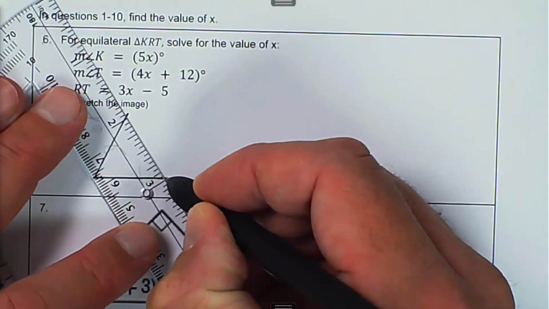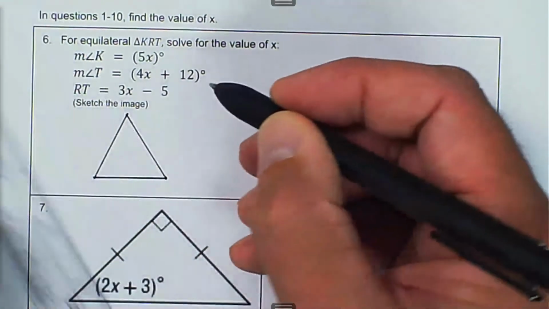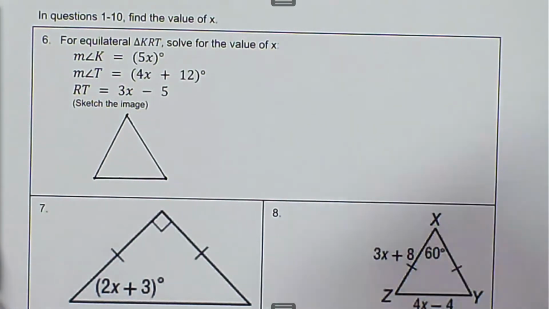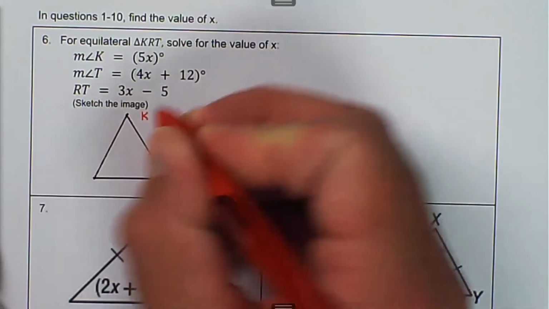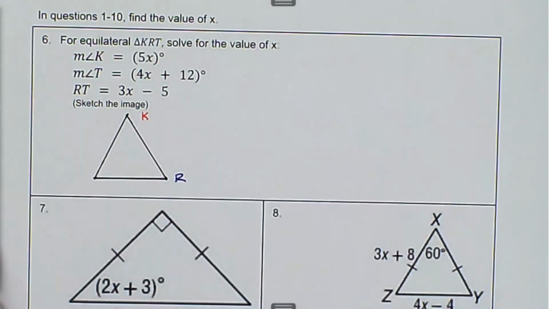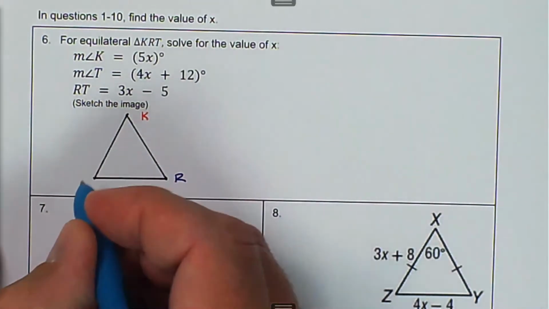Not quite 1 inch, but it'll be good enough for the sketch. And then we want to label all of the parts. We got KRT, so we'll put K up here, we'll put R over here, and then we'll put T over here.